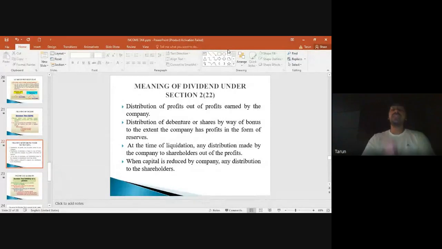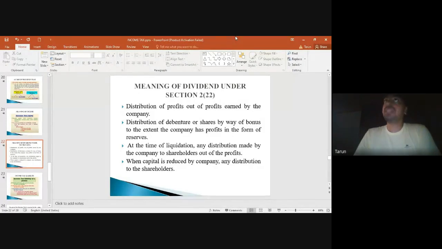Now the question arises: who are the shareholders? What is a shareholder? A shareholder is that person or member of the company who gets any portion of the profit distributed by the company out of its profits.